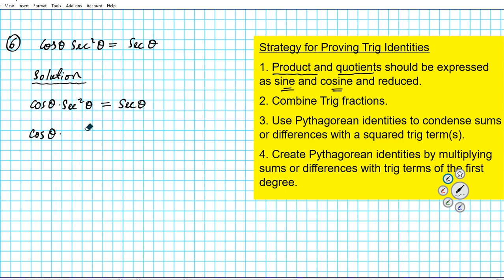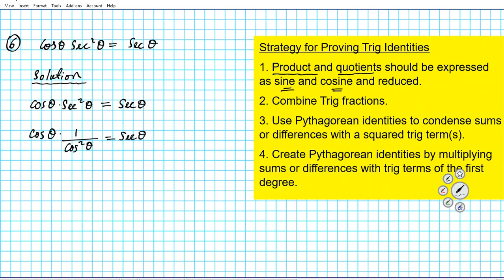But before we do that, let's go ahead and talk about the identity that we're going to be using. The identity that we're going to be using here is the reciprocal identity. All right, so secant square theta is the same thing as 1 over cosine square theta, and that's equal to secant theta.